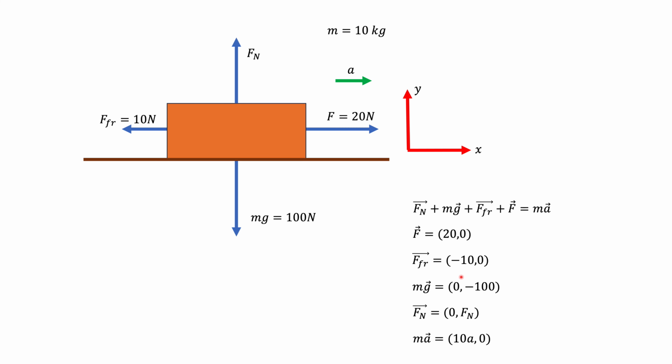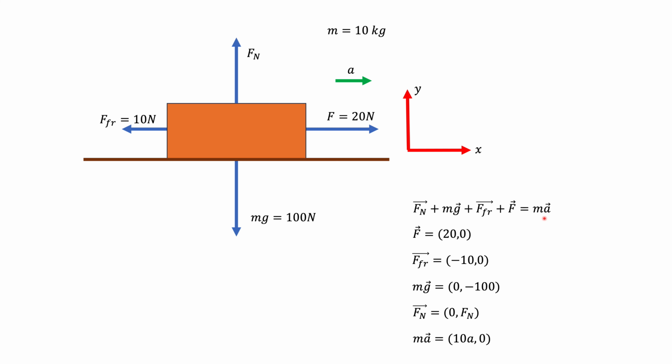And now we're going to write Newton's second law on the x component and on the y component separately. On the x component, the sum of x components of all these vectors equals the x component of ma. And the sum of y components of these vectors equals the y component of ma.